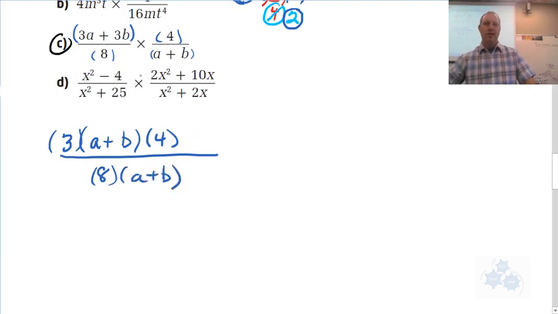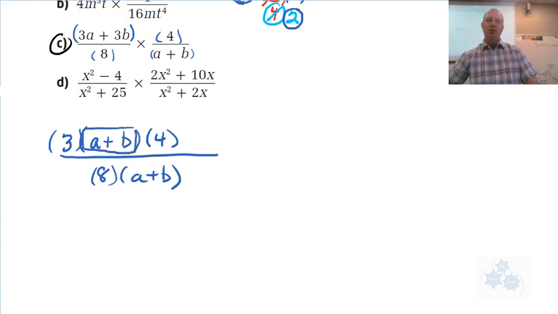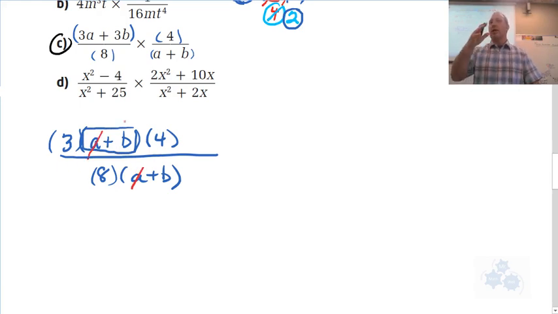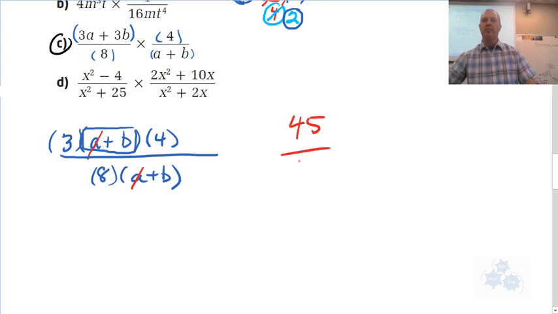So everything is factored. Because there's a plus sign in here, I have to treat this as one whole factor. Please don't do this, because I still have kids doing this. Oh, that a goes with this a. Well, if it's part of a binomial or something that has a plus or minus, you can't take a piece out of that. That's kind of like saying 45 divided by 4 is 5.